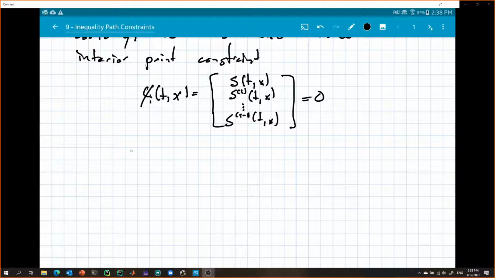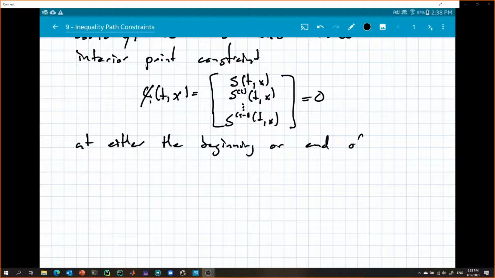But yeah, so we apply this interior point constraint at either the beginning or end of the constrained arc.